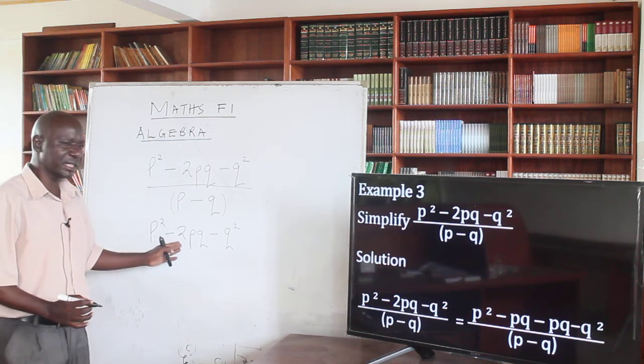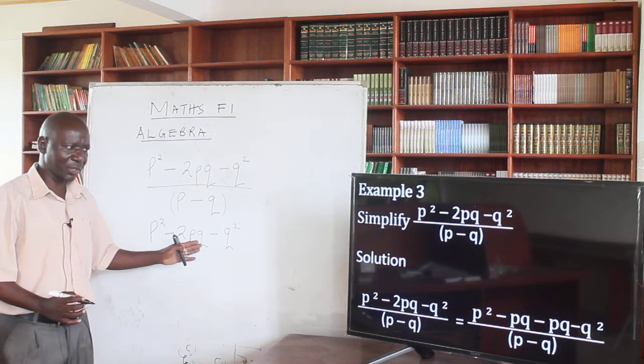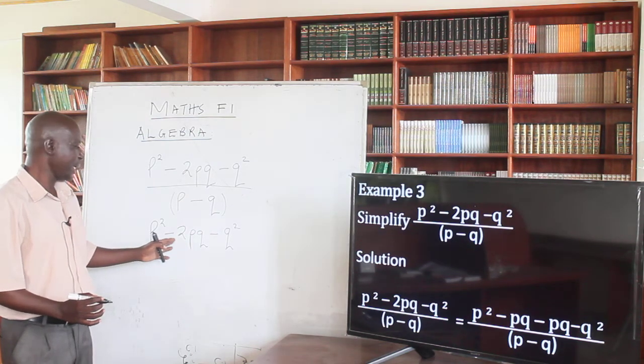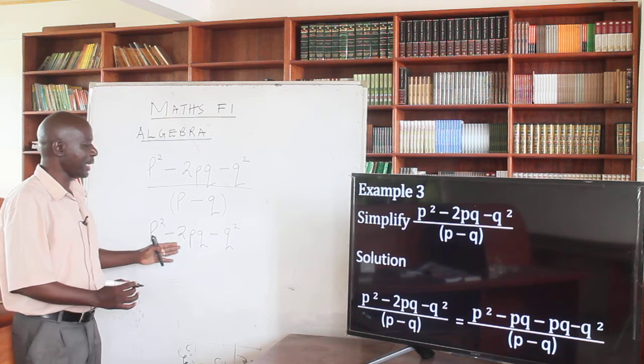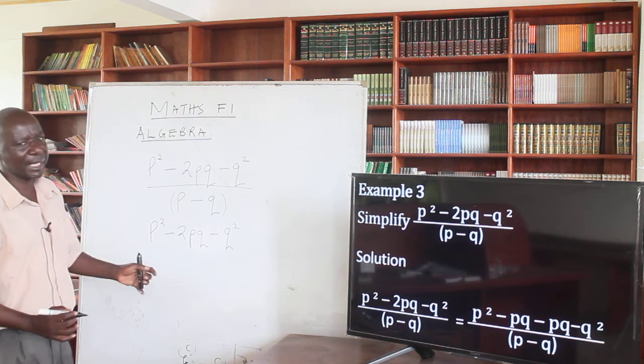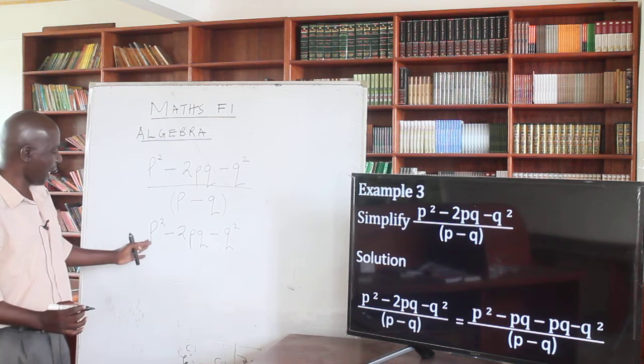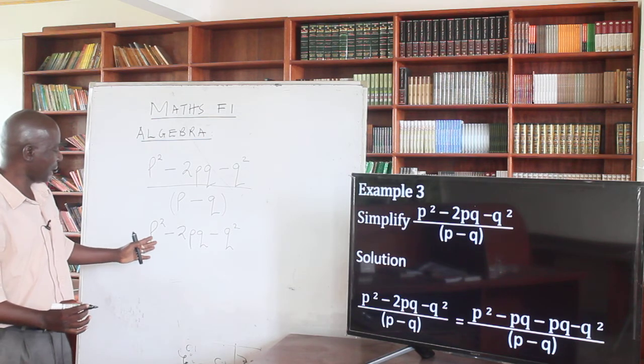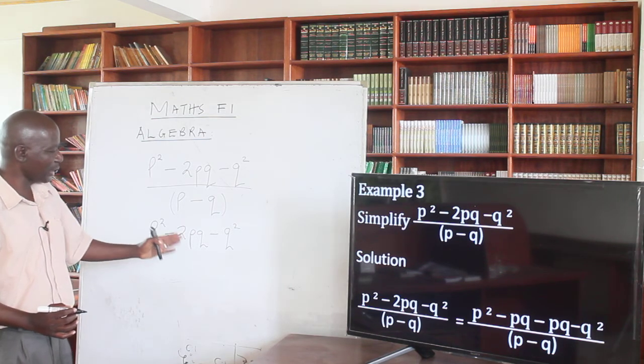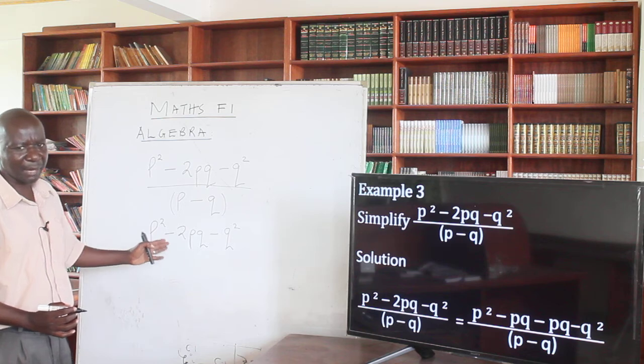Can we split the 2PQ so that minus 2PQ becomes minus PQ minus PQ?